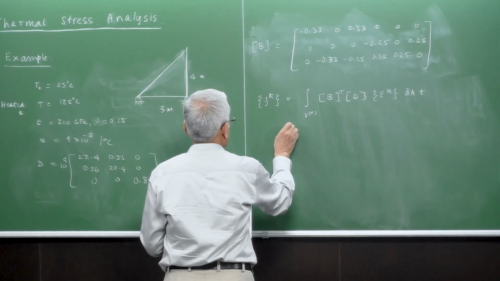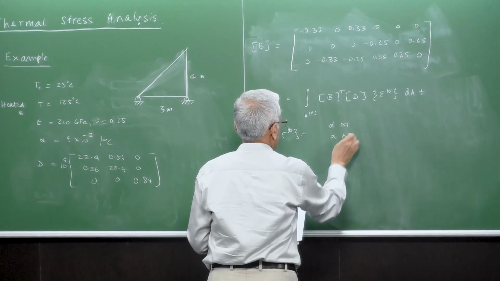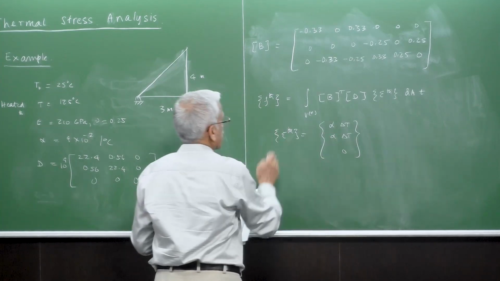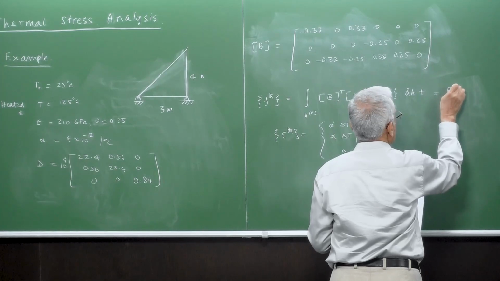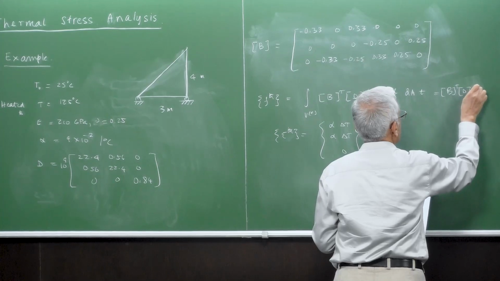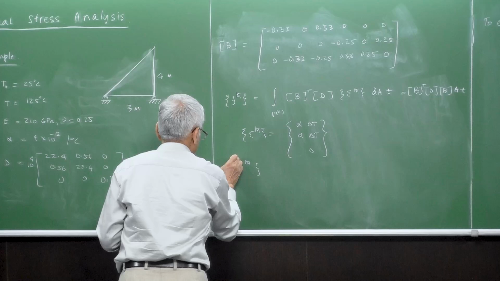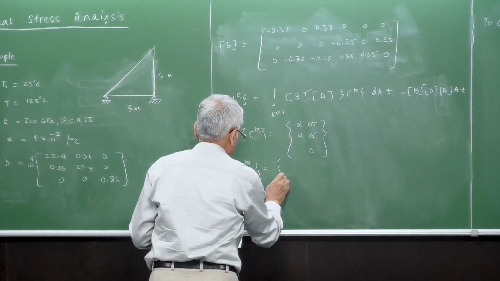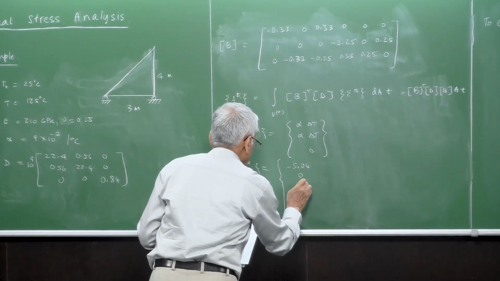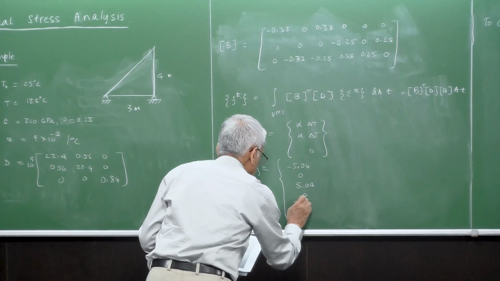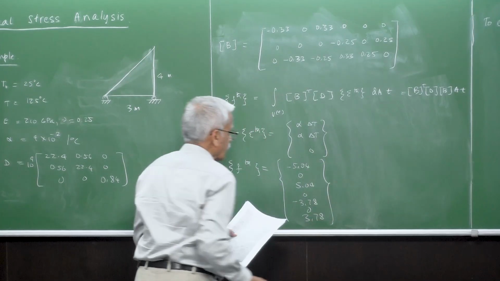It is nothing but alpha times delta T. Calculating all these things, putting in the area of the triangle and all that, F thermal of the element, you will get it as this.